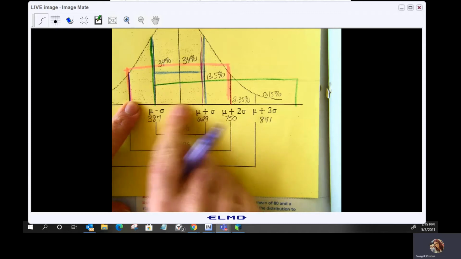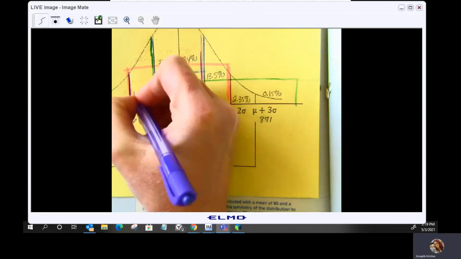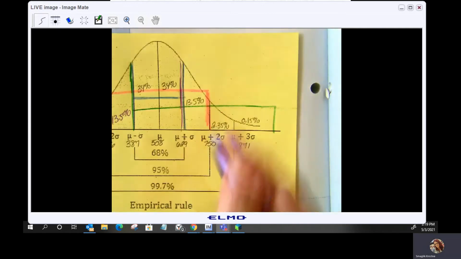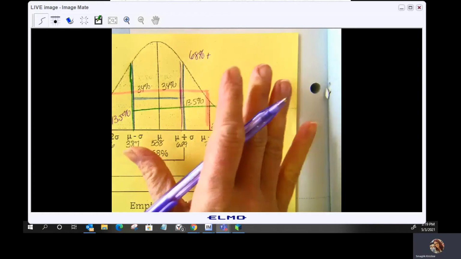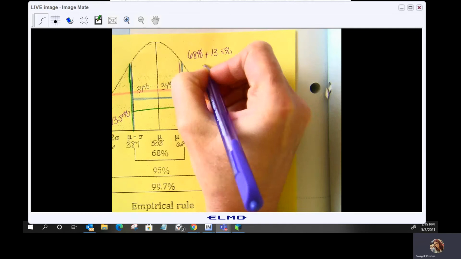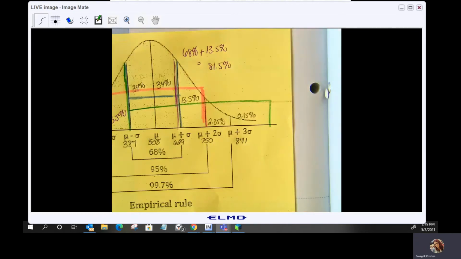Well, here I have 68% and here I have 13.5%. So I'm just going to take 68% plus 13.5%, and that gets me 81.5%.